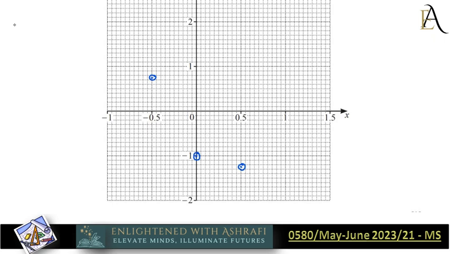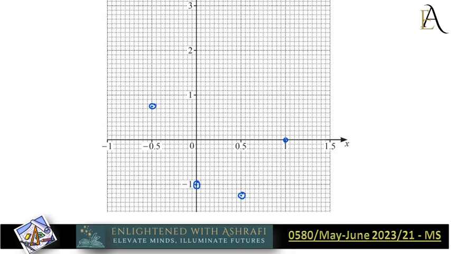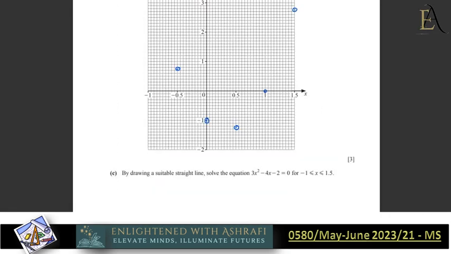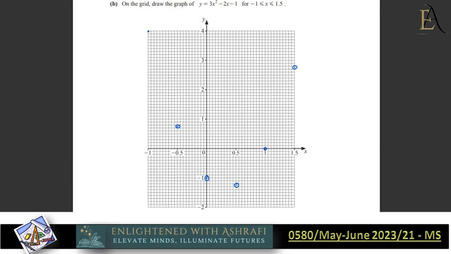For 1, 0, and for 1.5 we have 2.5. Let's plot the graph. Just be careful, mine is not going to be proper because I don't have a scale over here right now.